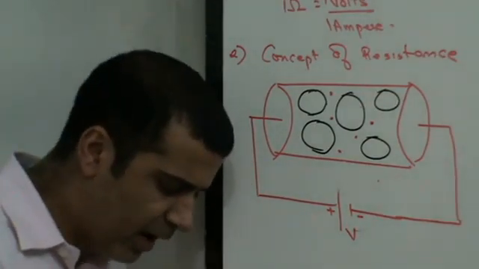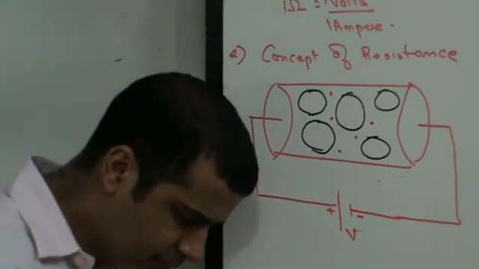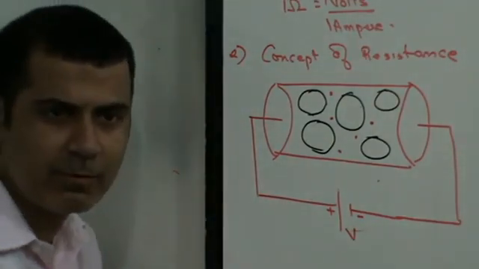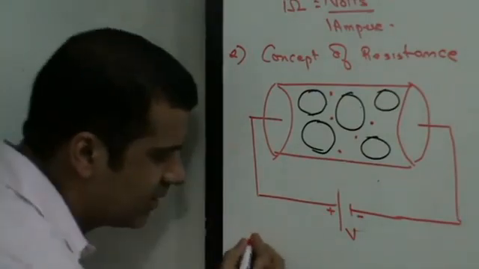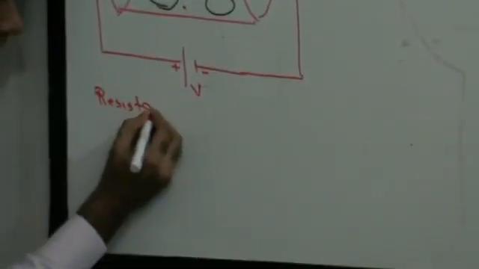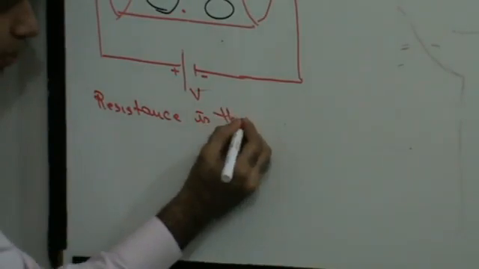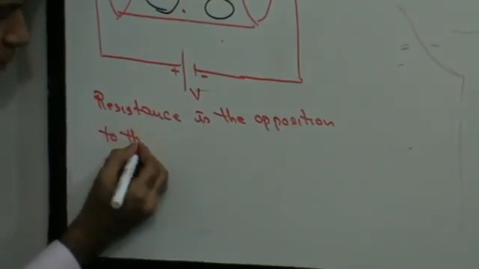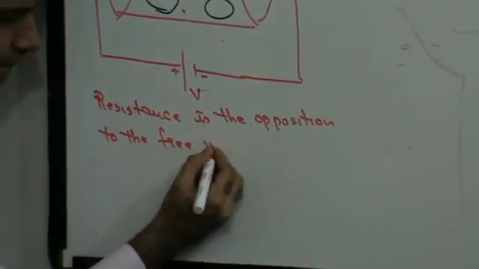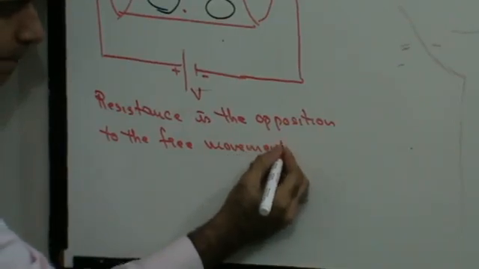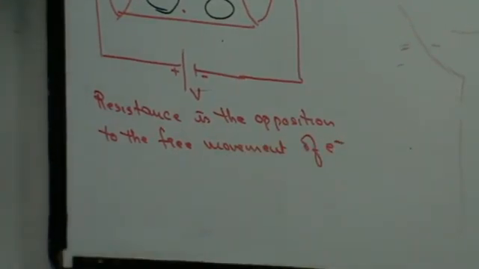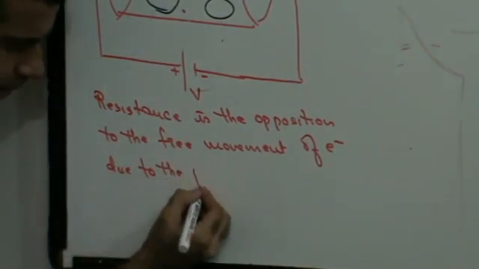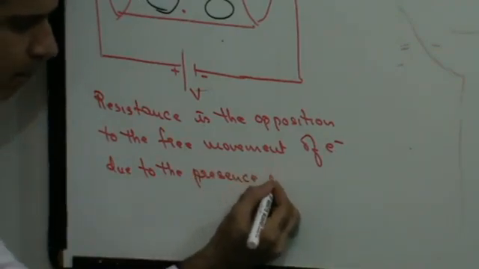Do you understand why we have resistance? Right? Next, let's see. What is resistance? Resistance is the opposition to the free movement of electrons due to the presence of atoms.